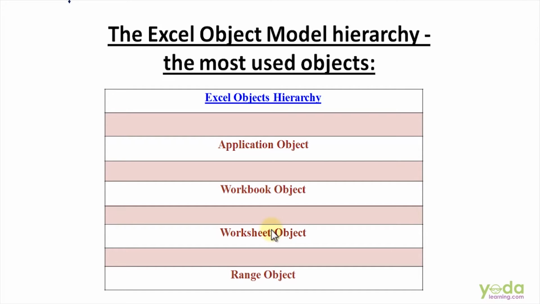It can be a row, a column, or a selection of cells comprising one or more rectangular contiguous blocks of cells. When the range is a union of multiple blocks of cells, it is referred to as a non-contiguous range of cells. The range object is the most used object within the Excel application.